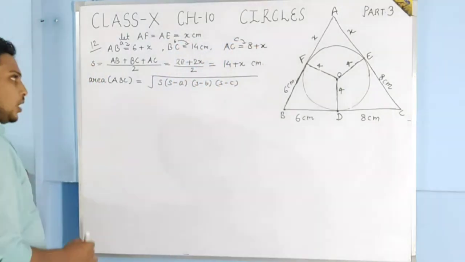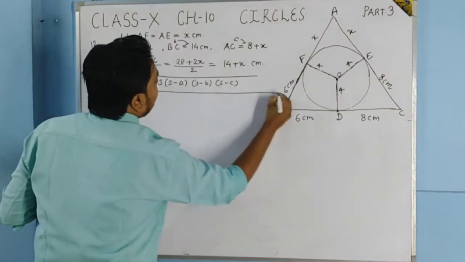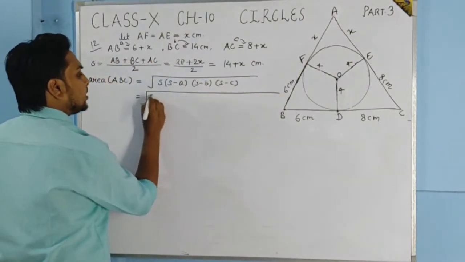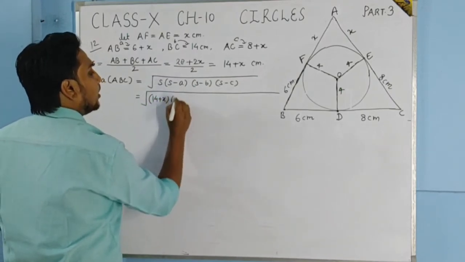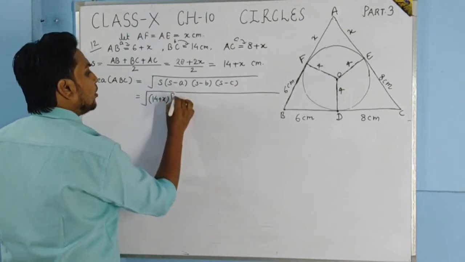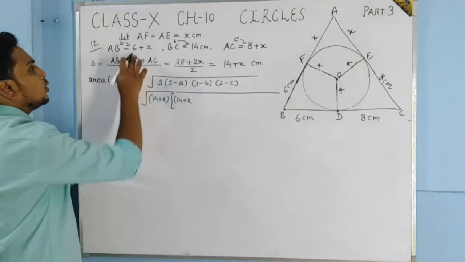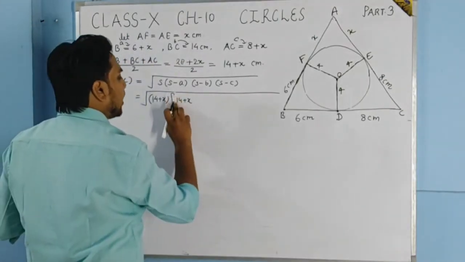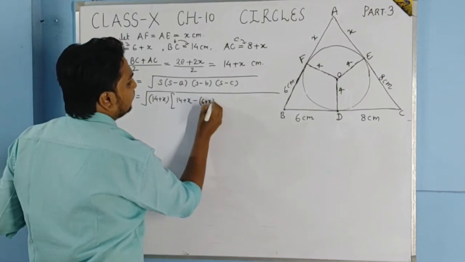So at the place of S we will put 14 plus x. When we put 14 plus x at the place of S and subtract A, S minus A is 6 plus x.